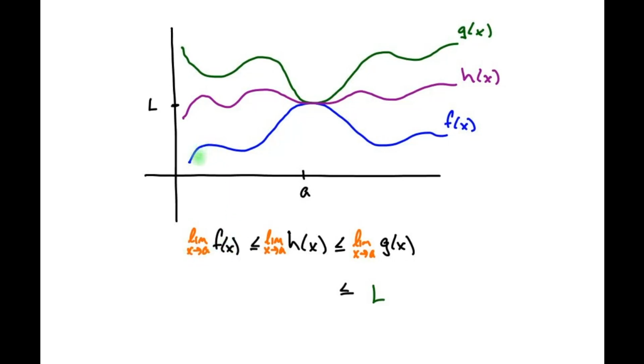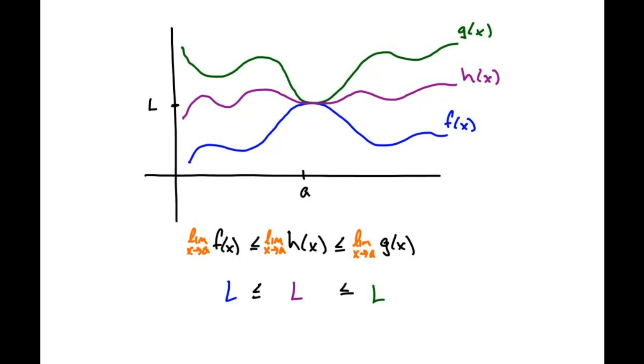We can see the limit as x approaches a of f of x also approaches L. So if our h of x function is stuck in between these two L's, and the limit as x approaches a of h of x is definitely greater than or equal to L and also less than or equal to L, there's only one thing that it could be. So it gets squeezed into a value of L. And that's the squeeze theorem.